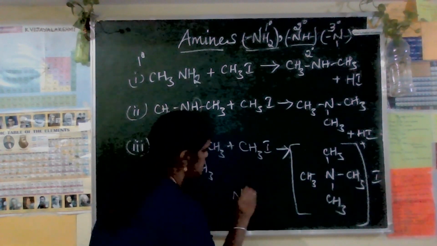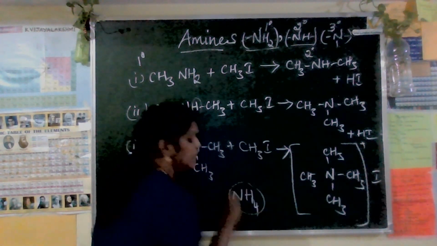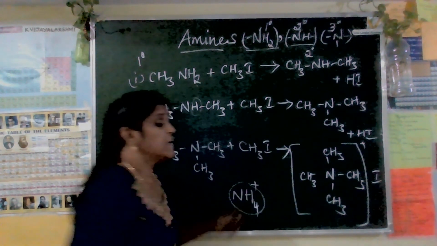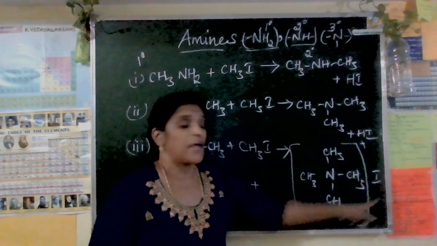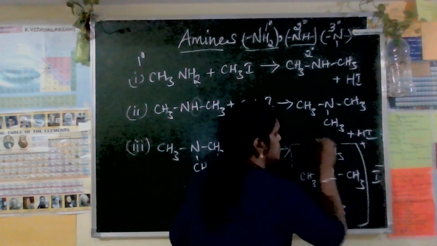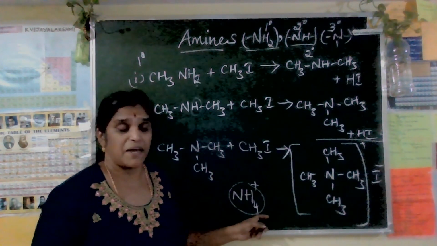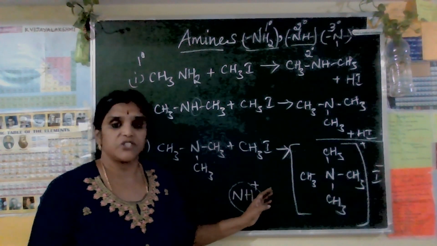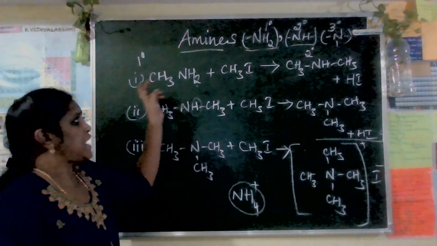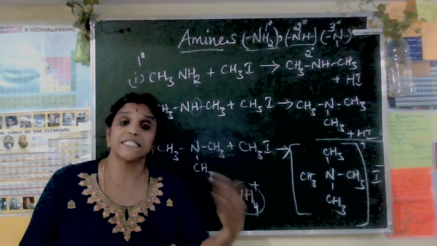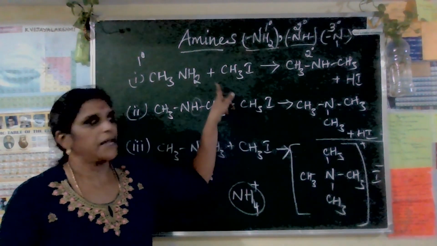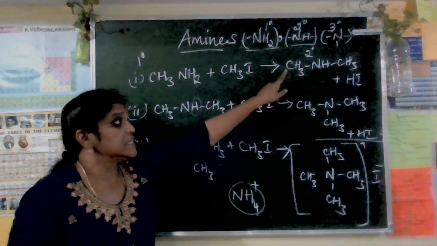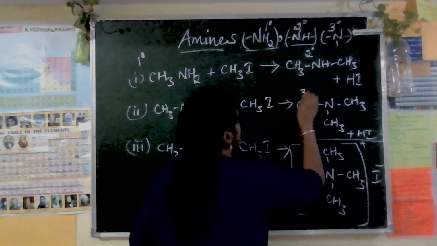Ammonium is NH4 plus, right? The same way, this is the ammonium salt of iodide, this is plus and this is minus. So this is like a cyclic chain reaction, one upon the other. Because of excess ammonia, we are adding to the primary amine, you are getting a secondary amine, and this is a tertiary amine.